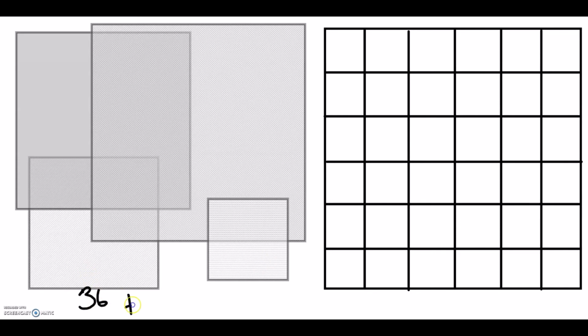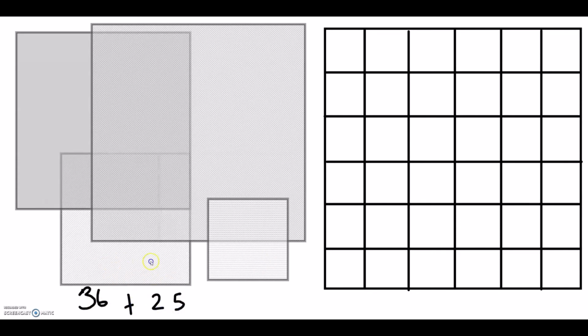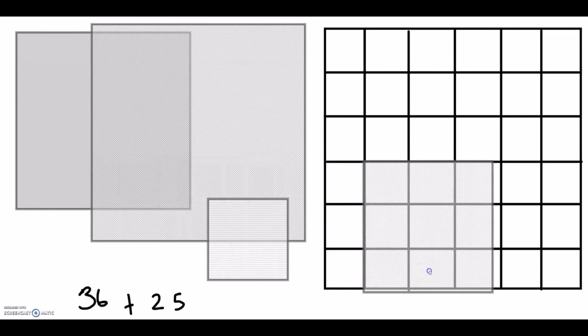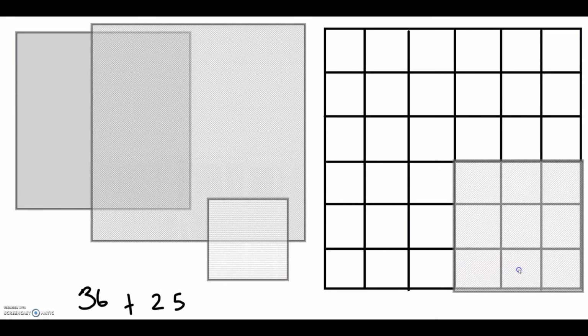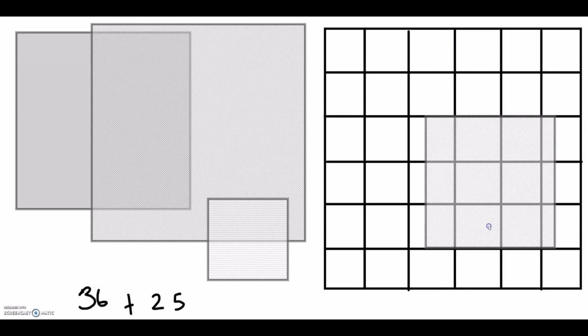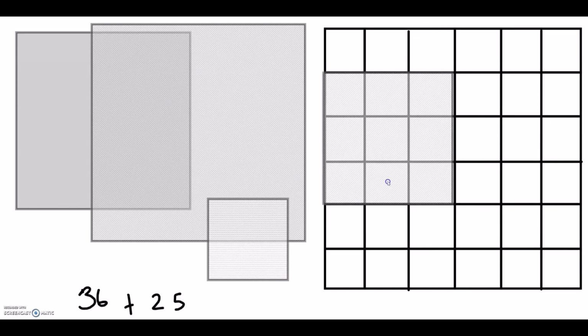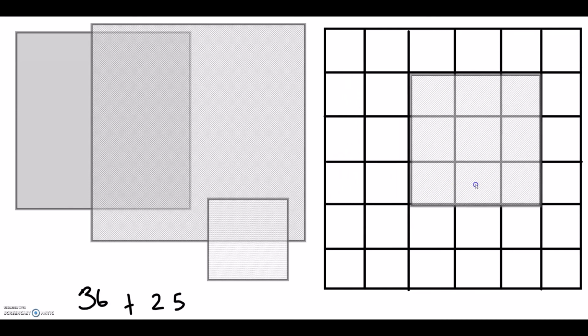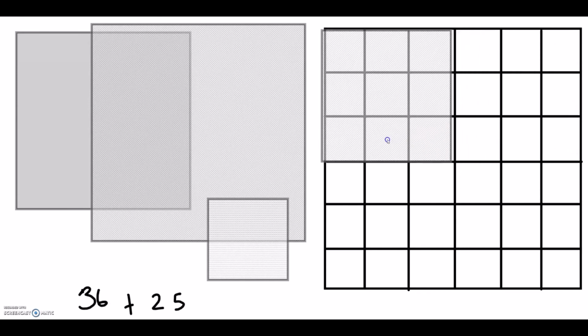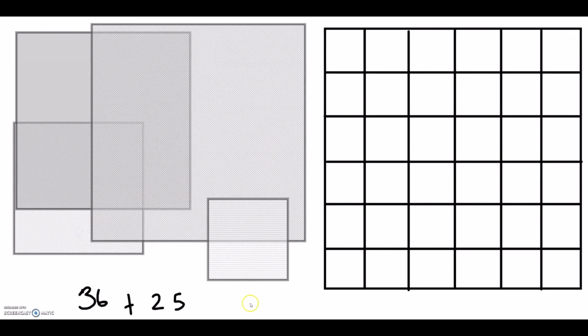So let's add that. The 3 by 3s, 1, 2, 3, 4, 5, 6, 7, 8, 9, 10, 11, 12, 13, 14, 15, 16. So 16 of the 3 by 3s.